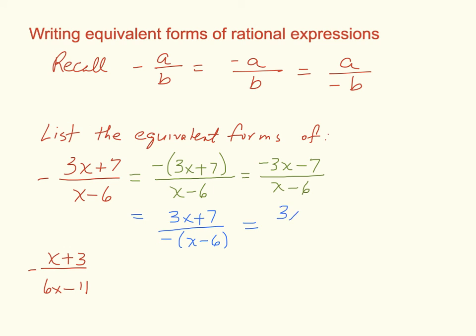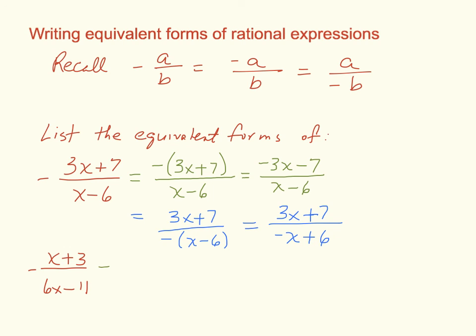Now I can take it a step further and distribute the negative to the terms in the denominator. Okay, you see what I did? I took the negative and distributed. So honestly, all 5 of these expressions are saying the same thing. All 5 that I have equivalent to each other are saying the same thing.